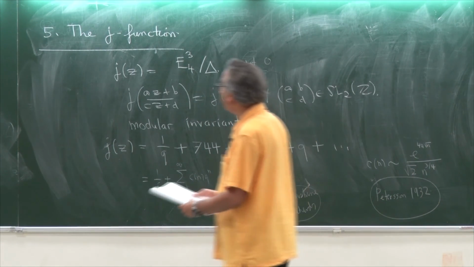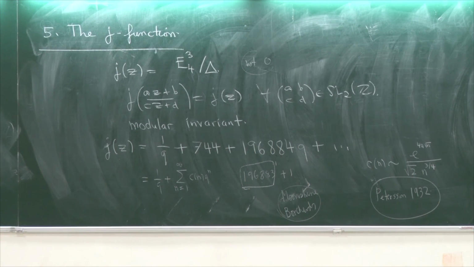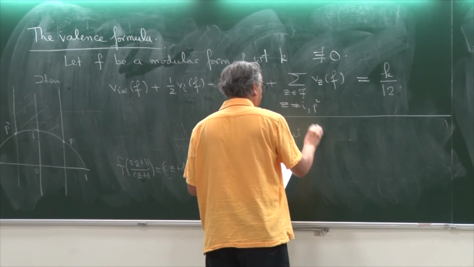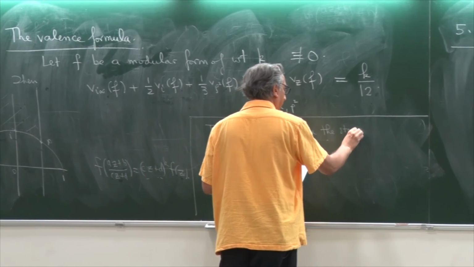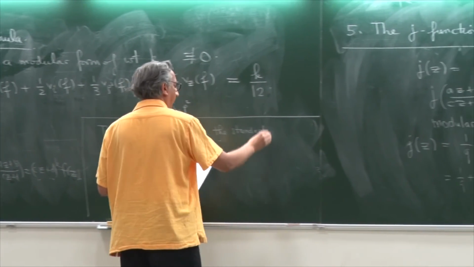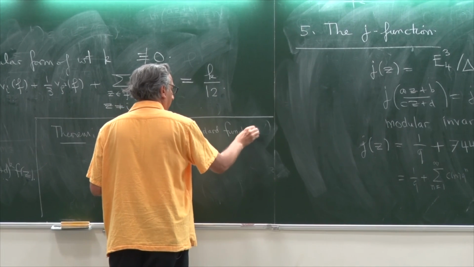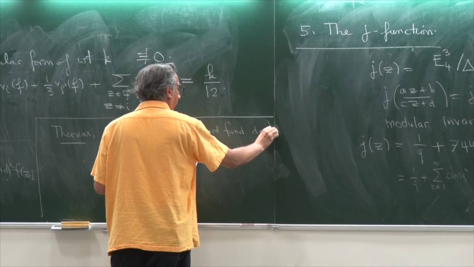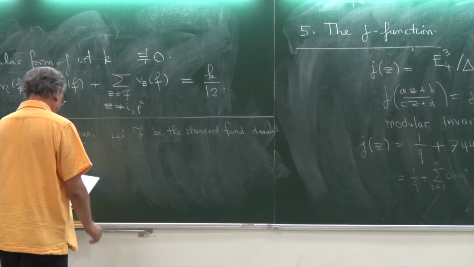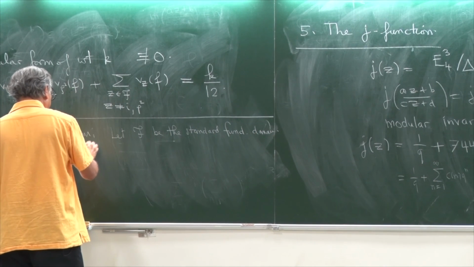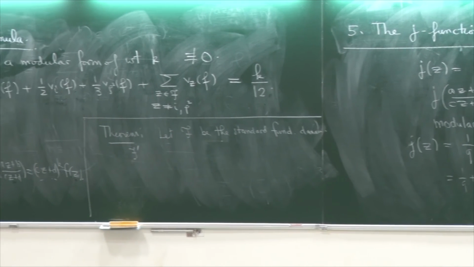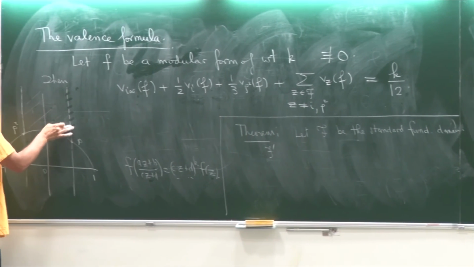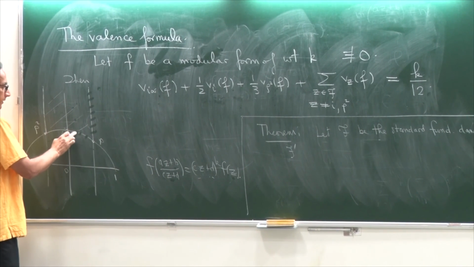So maybe I just state one theorem because it's an immediate consequence of the Valence formula. Let F be the standard fundamental domain, and F prime the region which we obtain by deleting this vertical line and deleting this arc.